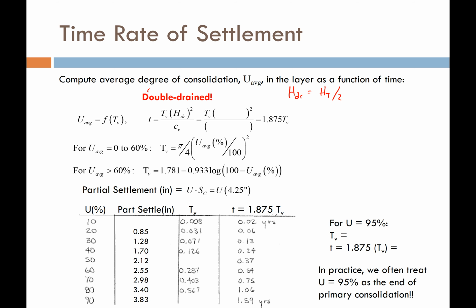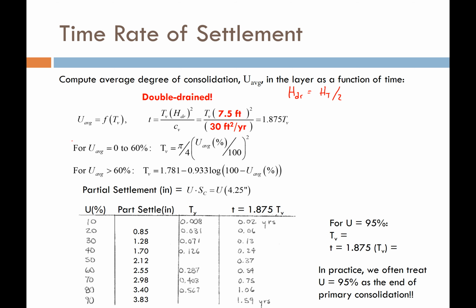The clay layer is 15 feet thick, we divide it by 2, so H sub DR is equal to 7.5 feet. And C sub V, the coefficient of consolidation, remember this was given to us, that's 30 feet squared per year. So time for consolidation is going to equal 1.875 times the time factor.